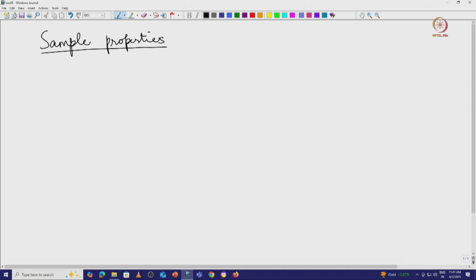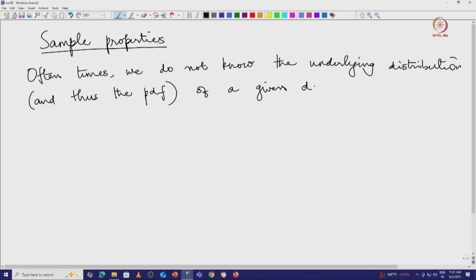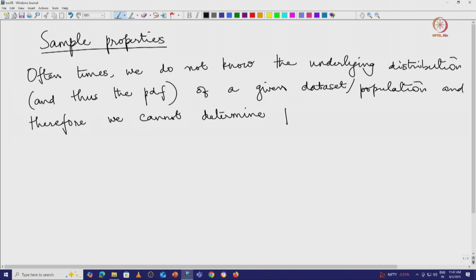Okay. So, right, oftentimes we do not know the underlying distribution, and thus the probability density function PDF of a given data set or population, and thus we cannot determine the population properties.